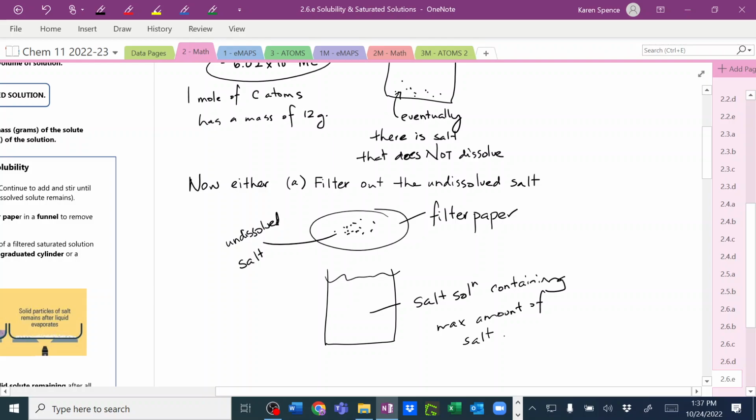So what are the 2 ways we could go? What's one way we could go?